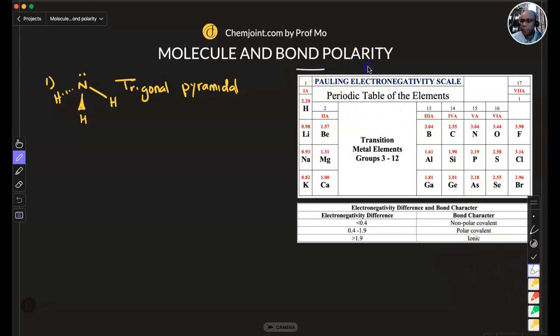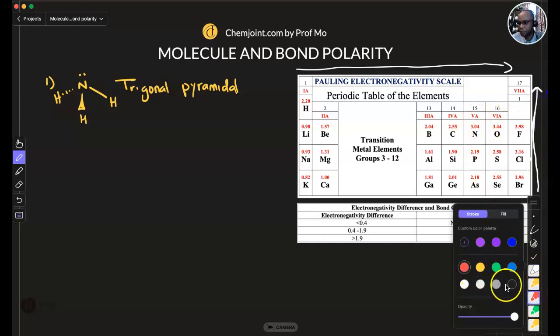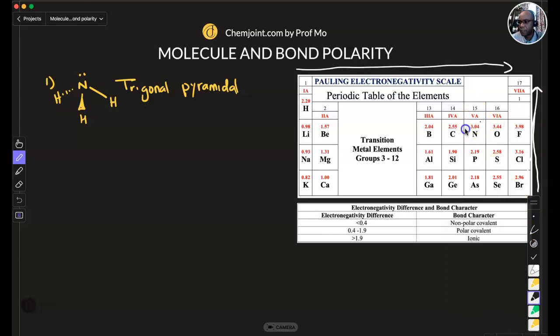Now, who is more electronegative? Remember, electronegativity increases across the periodic table and up. So according to our table right here, nitrogen seems to be more electronegative than hydrogen because it's further to the right, and you see that the Pauling number is higher.